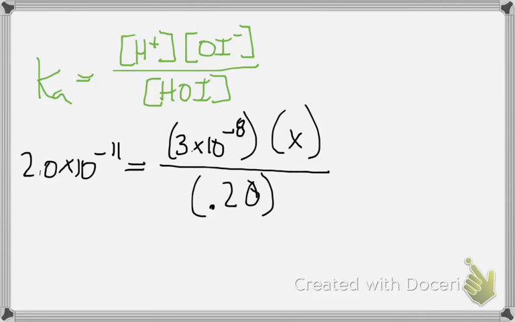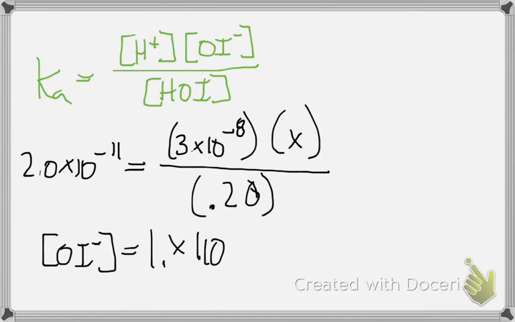So if we rearrange that and solve it for x, where x is our concentration of OI minus, I'll trust that you can do that kind of algebra on your own at home. It tells us that the concentration we're shooting for is 1.1 times 10 to the negative 4th molar. So that means for every liter we're going to need 1.1 times 10 to the negative 4th molar of this hypoiodite.